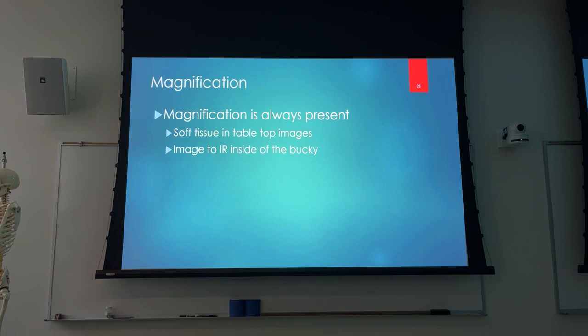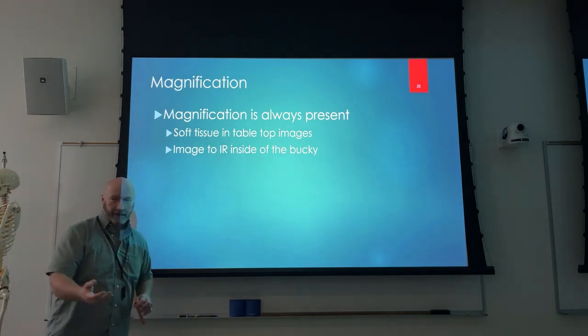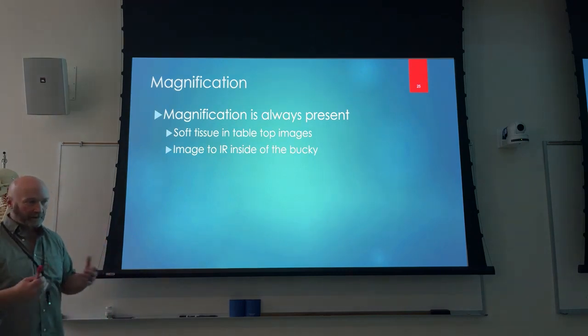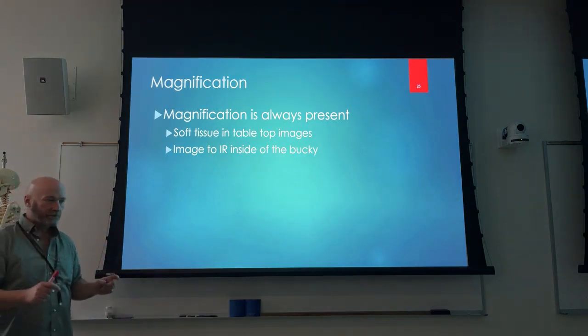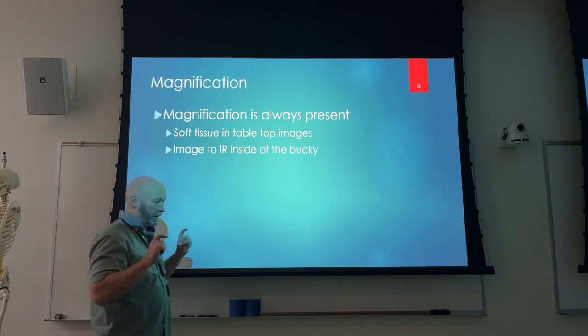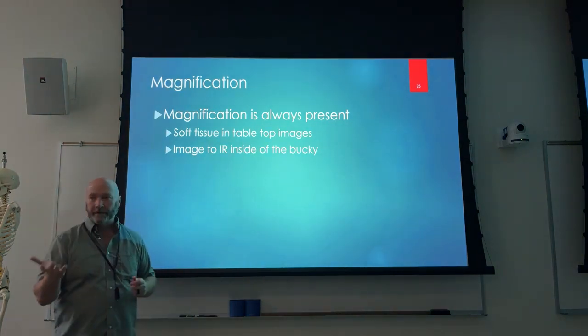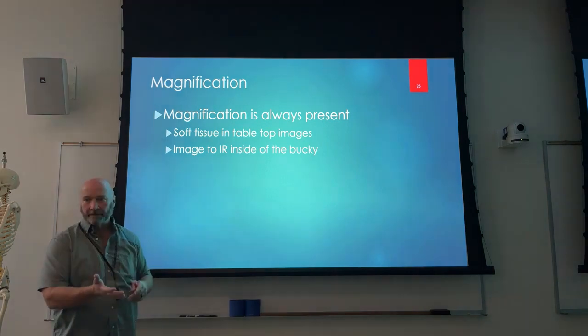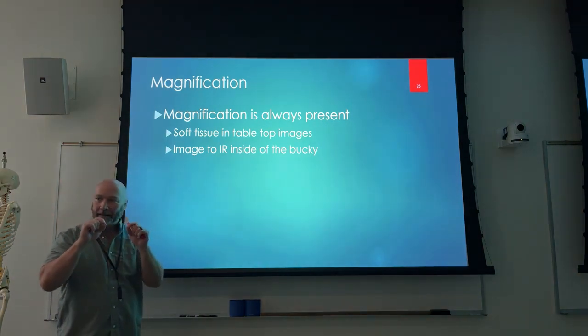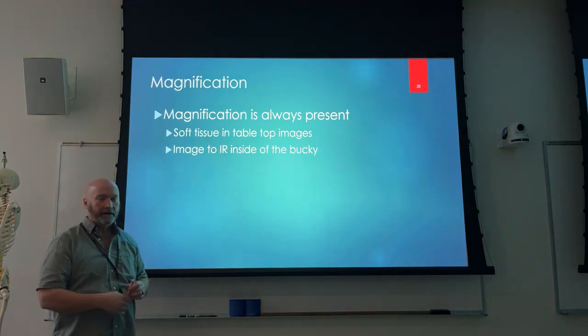So magnification is always present. Even if you're doing tabletop exams, you're going to have some degree of magnification because of the construction of your image receptors. The sensitive portion of the image receptor is covered by something, right? Even if it's tiny and very thin, there's still something there.